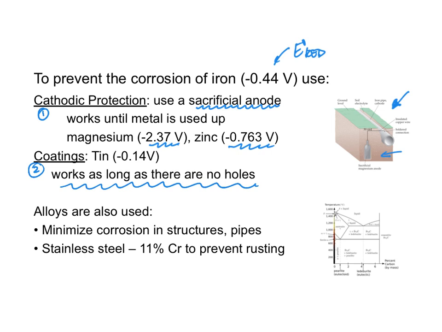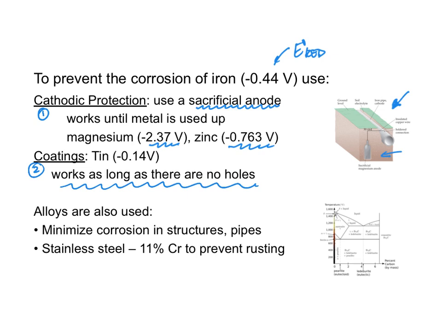If you've ever seen a can of tomato paste, tomato sauce, or a tomato product, it tends to be very acidic, and the acid could attack the container. So what you do is you put a coating on there so that it does not become attacked. So again, corrosion of iron with cathodic protection, and to protect tin from undergoing corrosion, you can put on a coating. So I guess I should have separated those.